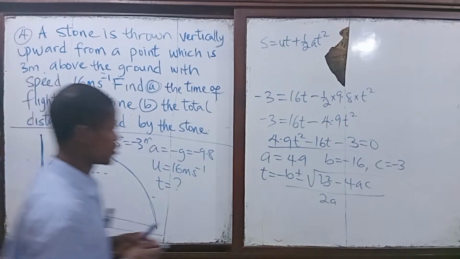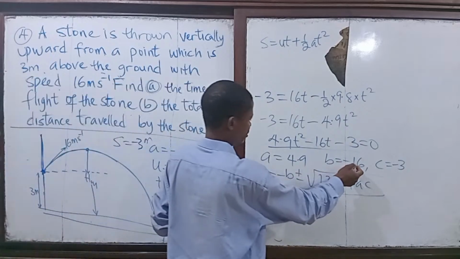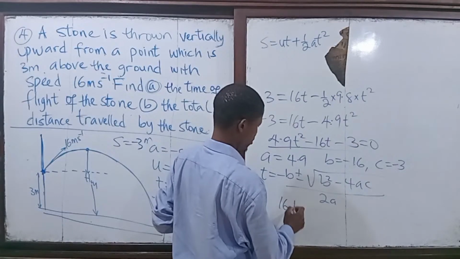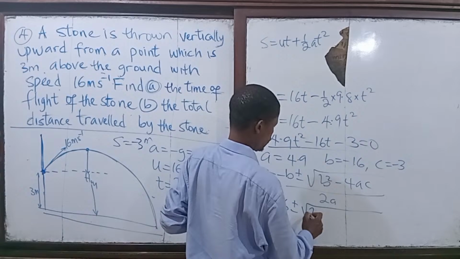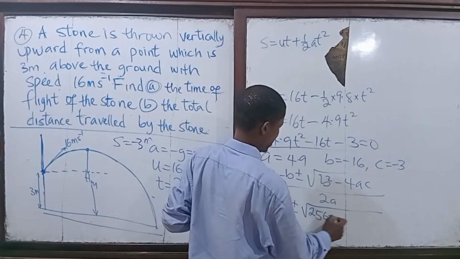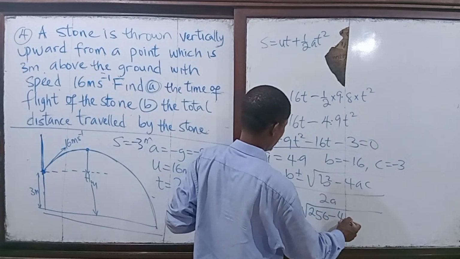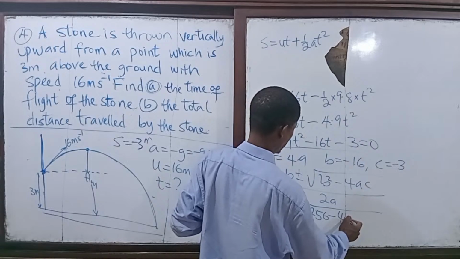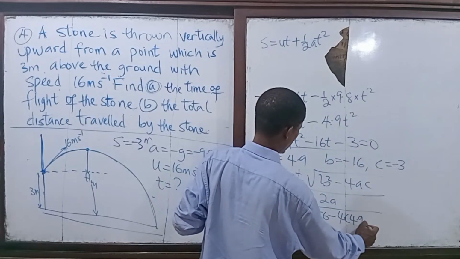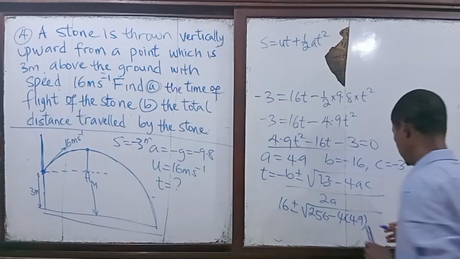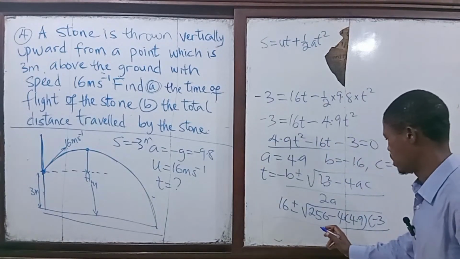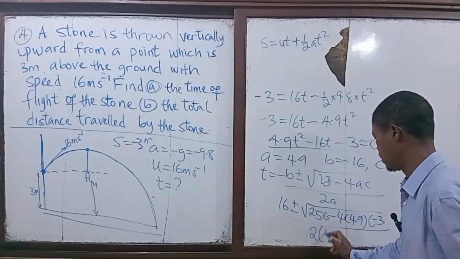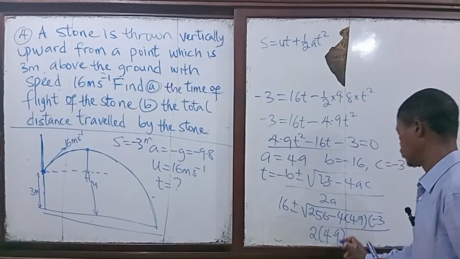Make your substitution. Your b is minus 16, so that will be 16 plus or minus the square root of b squared, which is 256, minus 4 times a, which is 4.9, times c, which is minus 3, over 2 times 4.9.